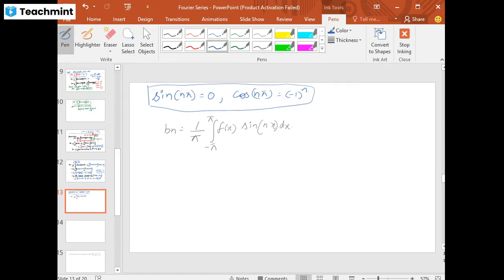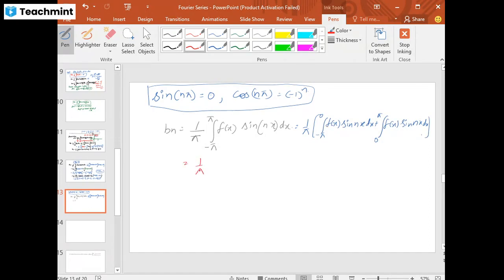So if I split this integral as 1 upon pi, integral minus pi to 0 f of x into sine nx dx plus 0 to pi f of x into sine of nx dx. The value in the interval minus pi to 0 is 2.